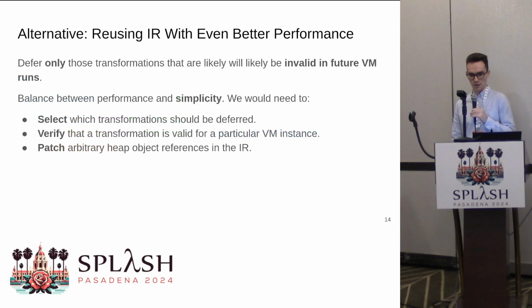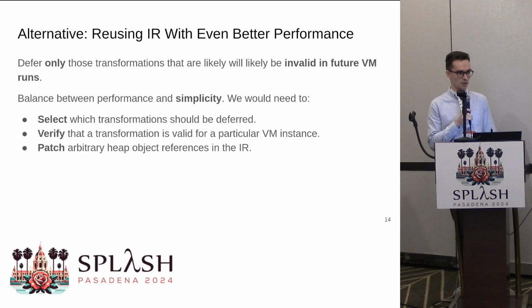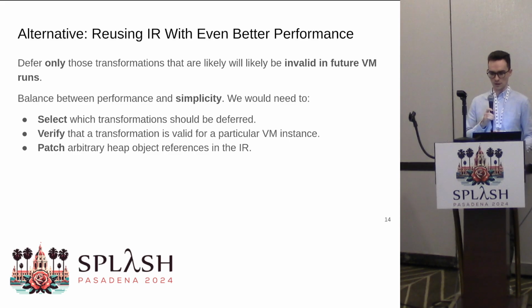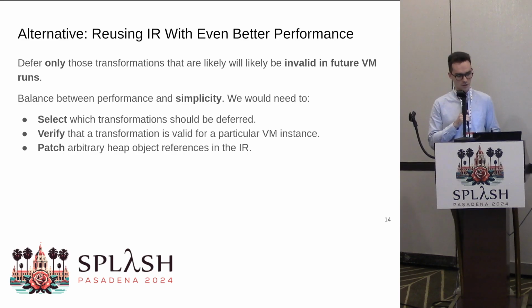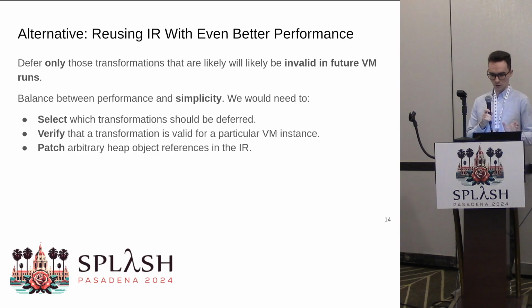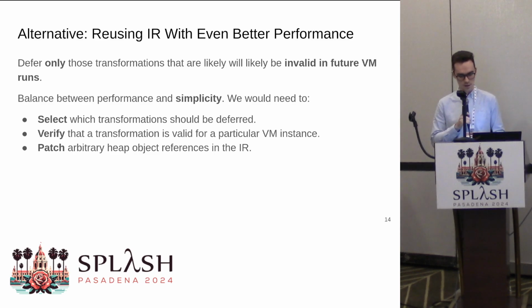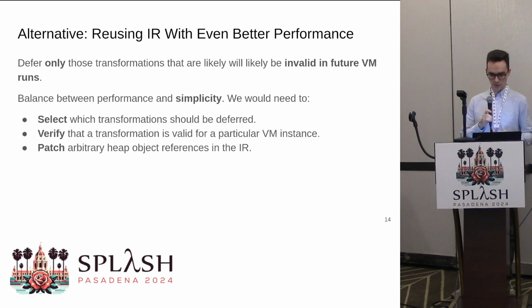Could we fix it? There is an alternative idea that could potentially lead to better peak performance. But there is a trade-off between the complexity of the implementation and performance. The alternative idea is that we would defer only the transformations that are likely to be invalid in future VM instances. So this approach would be more optimistic.